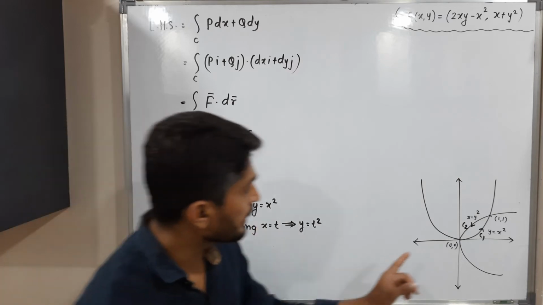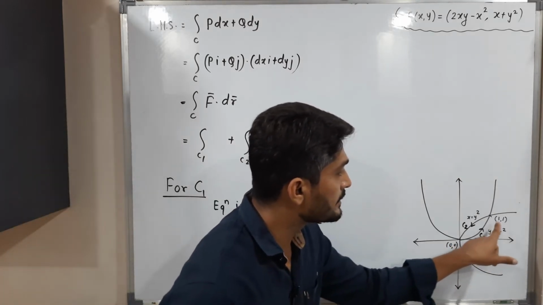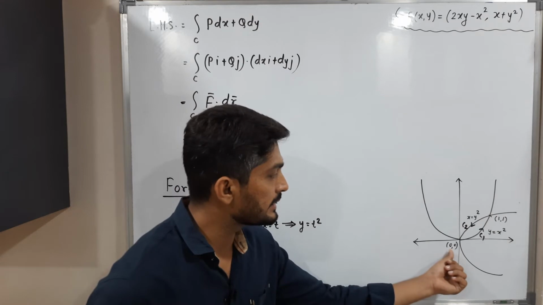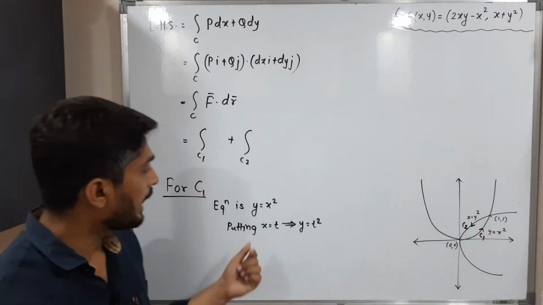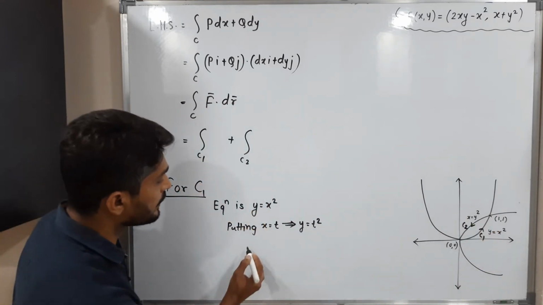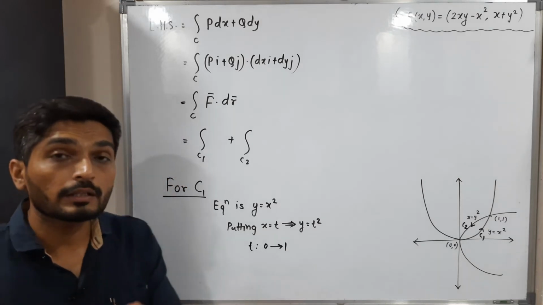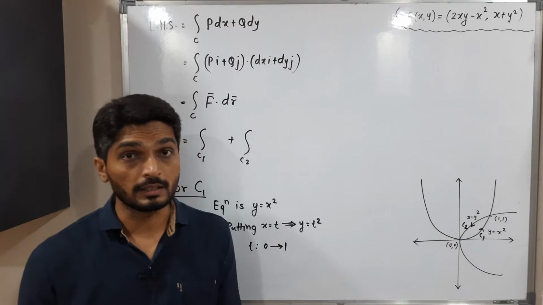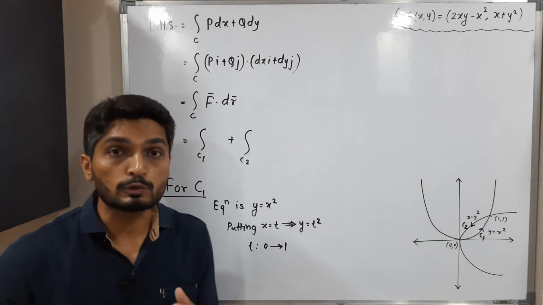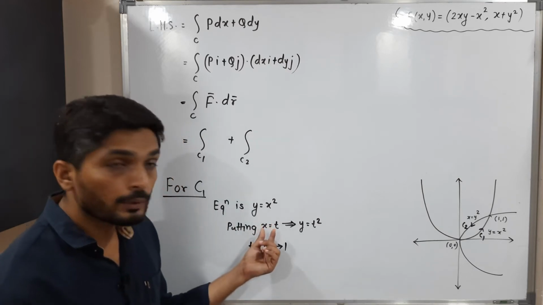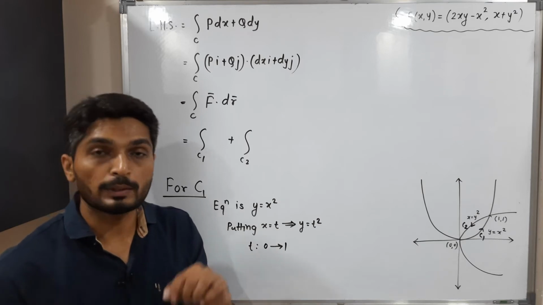You can see here x varies from 0 to 1, and x is equal to t, therefore t varies from 0 to 1. I am converting the entire problem in terms of t, so I should have the limits of t. Limits of x will be limits of t.